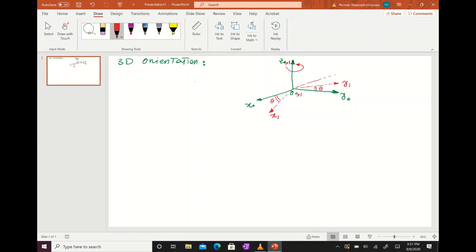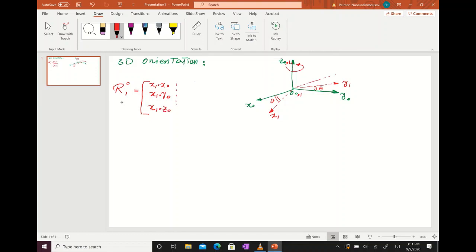So now if I want to find the rotation matrix of frame 1 with respect to frame 0, as I taught you several times, it's going to be x1 inner product x0, directional cosines, x1 y0 and x1 z0.